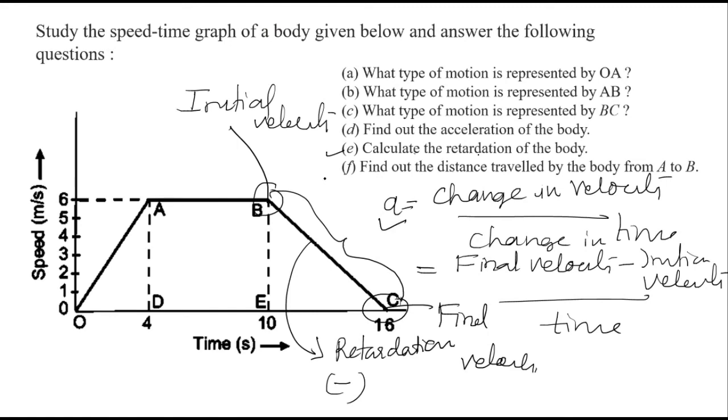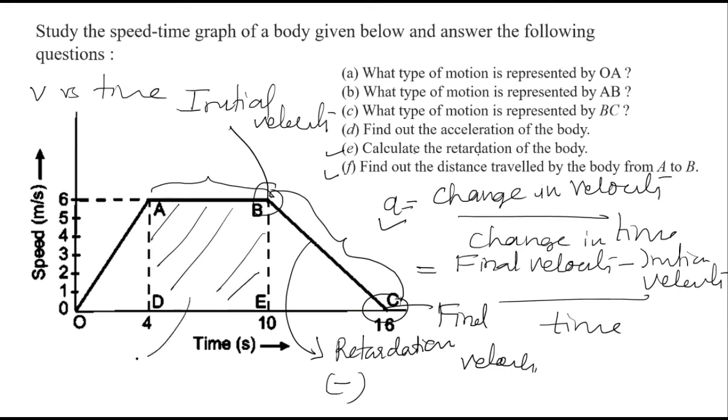And the last question F is how much distance covered when it is traveling from A to B. I have already explained to you in the previous videos how to find out the distance covered in a velocity versus time graph. Okay, area of this will give you the distance covered.